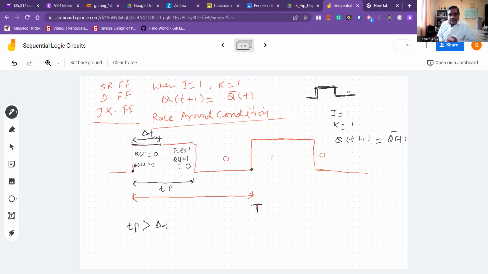So how do we solve it? We can solve it if delta T is greater than or equal to TP, but less than or equal to T. So we have to increase this. How can we increase it?